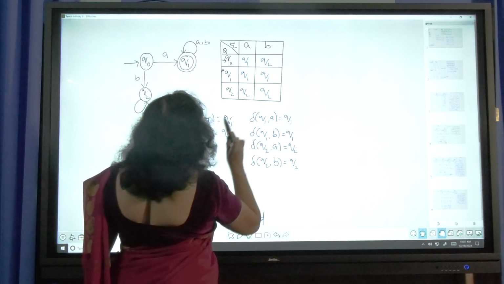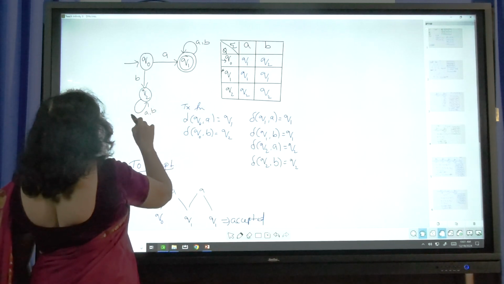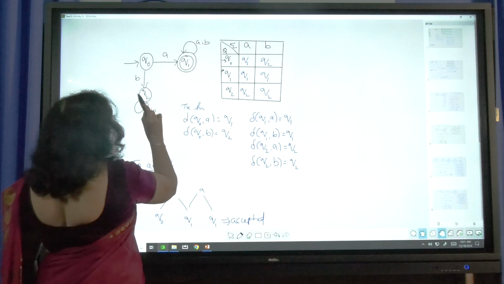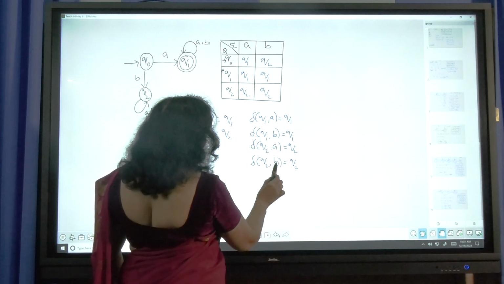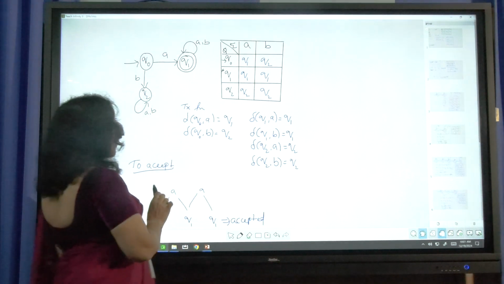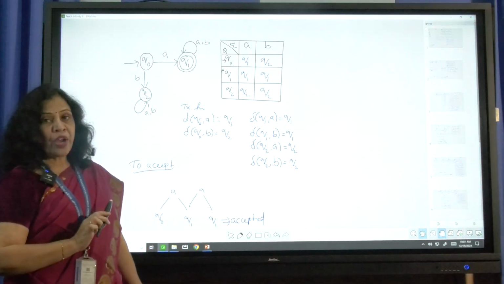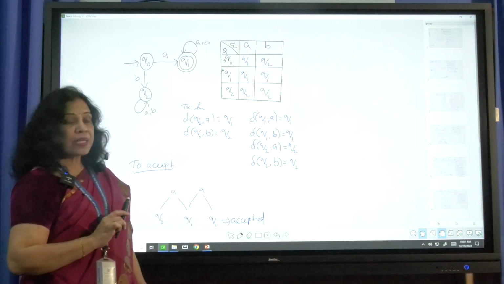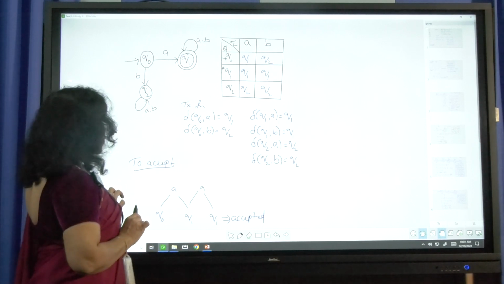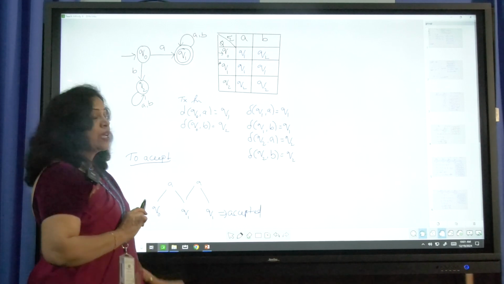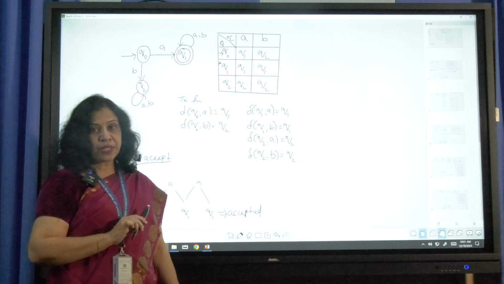Q1 on B is also Q1. Q2 on A, Q2 on B, both are Q2. So this completes the 5 tuple. 4 tuples we have already seen. This is the delta. After doing this, we will have to see how to accept a string.